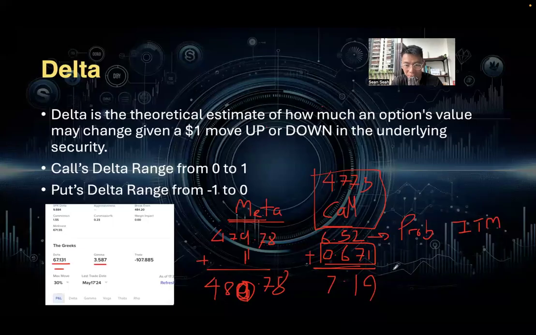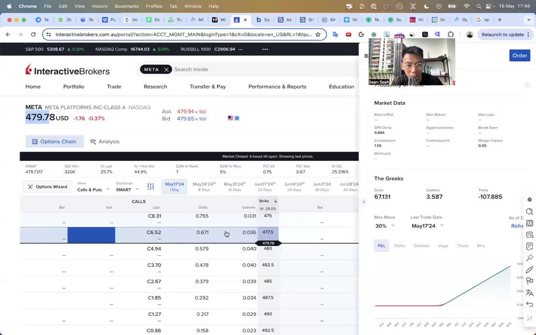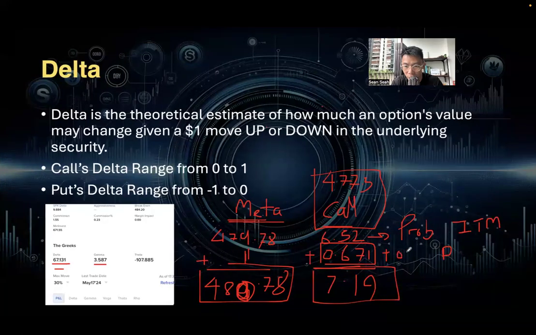So what happens is this: when the share price is 480.78, the new premium is 7.91, but the new delta will be 0.671 plus gamma. Gamma is 0.036.